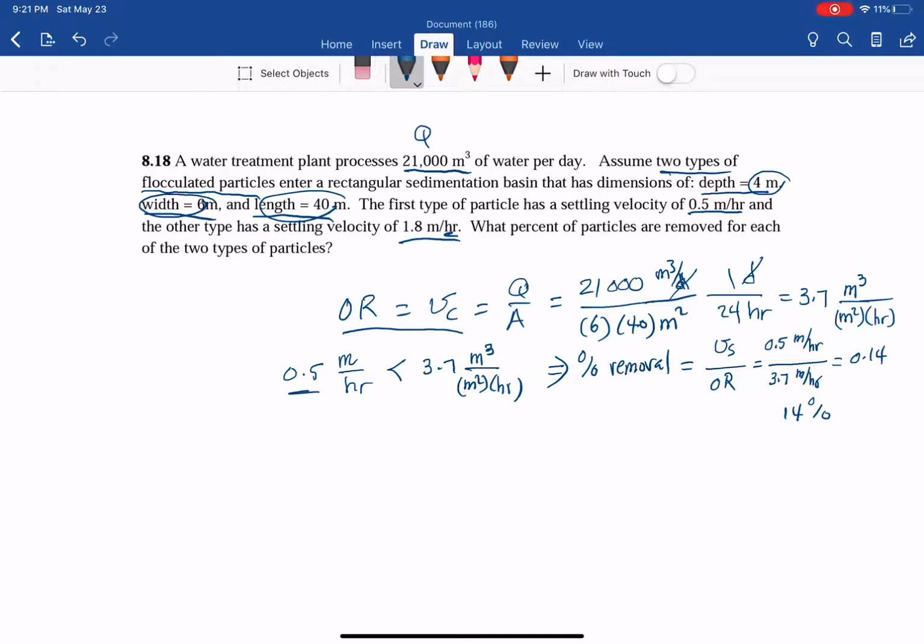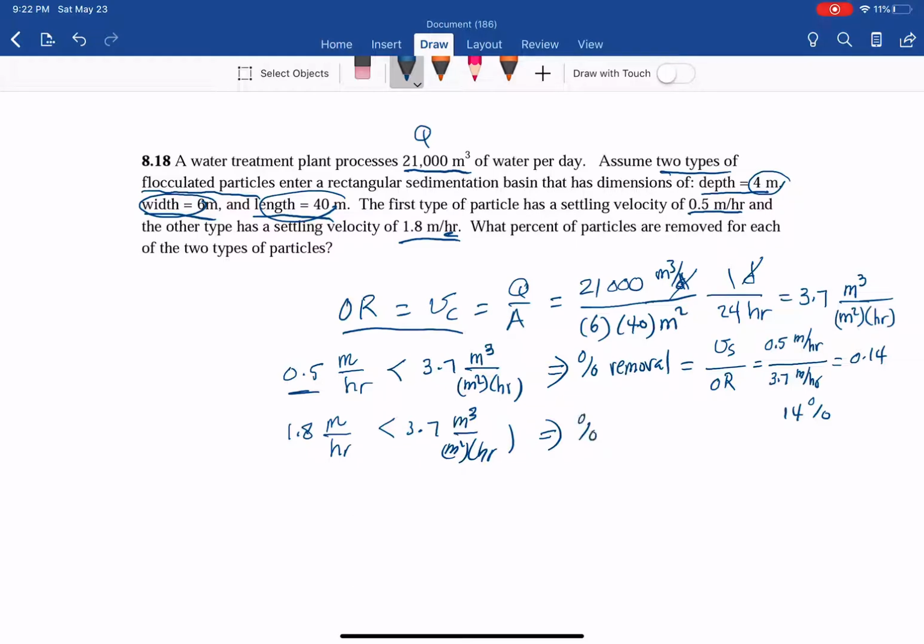Let's look at the next particle. The next particle has a settling velocity of 1.8 meter per hour. It's still less than 3.7 meter cube per meter square per hour. But let's find out the percentage removal.